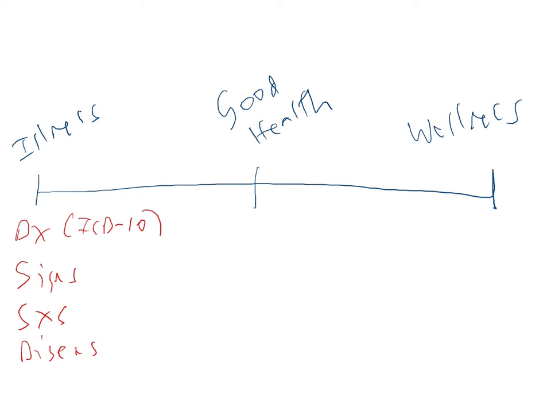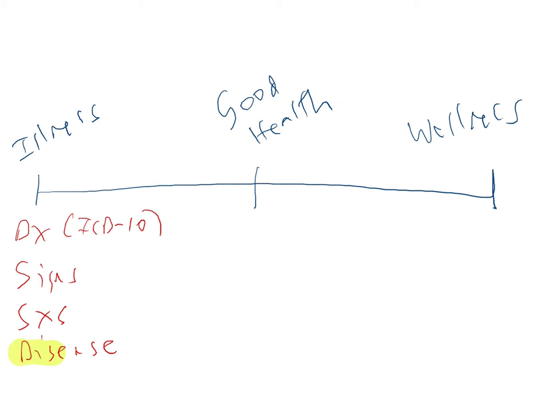Disease. So when you think about the term disease, you can be at ease, but when you have disease, then you're no longer at ease, if you will. So those are the characteristics of illness.